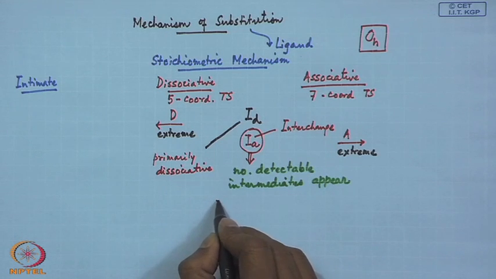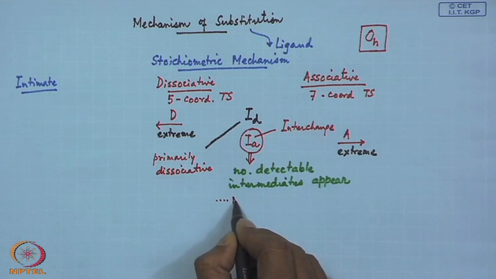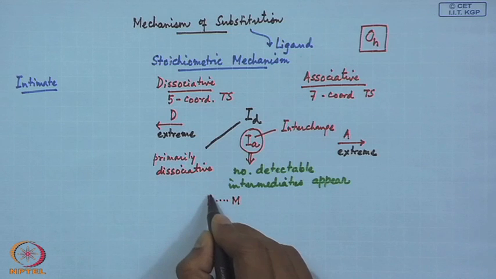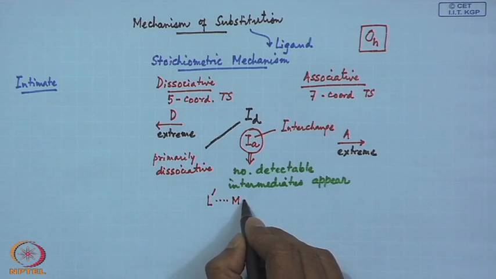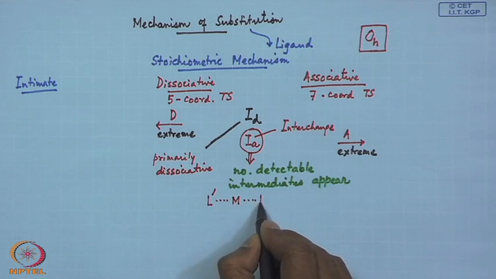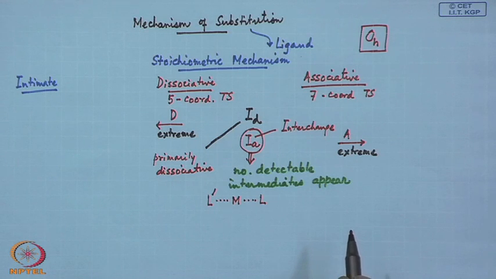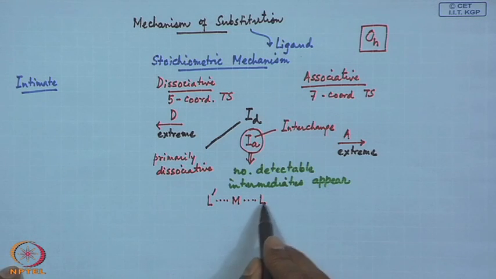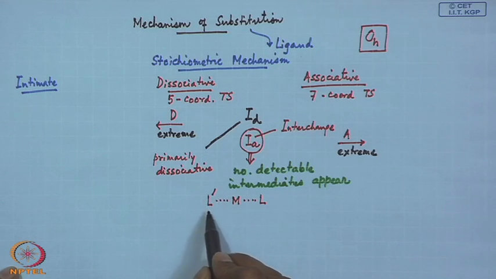So, one bond is forming weakly to the metal when L prime is coming, and the other bond which is already present is weakened appreciably. So, this ligand metal bond will be weakened appreciably compared to the bond which is forming in a newer way.